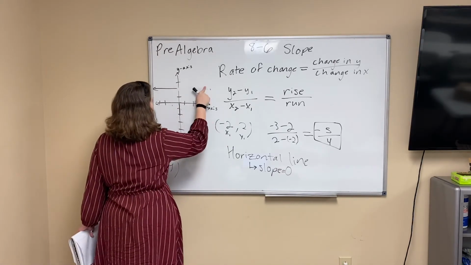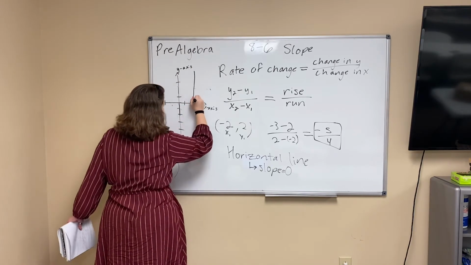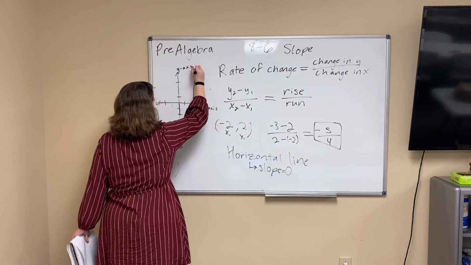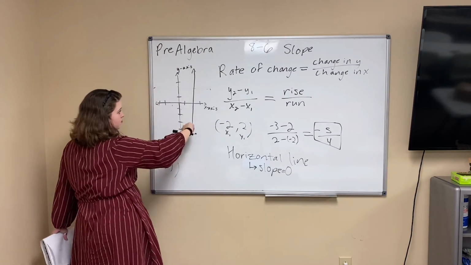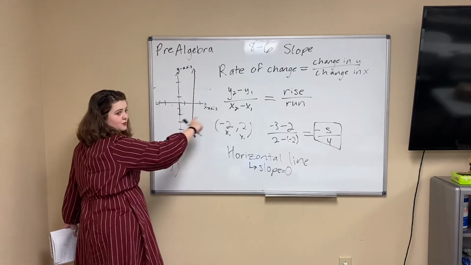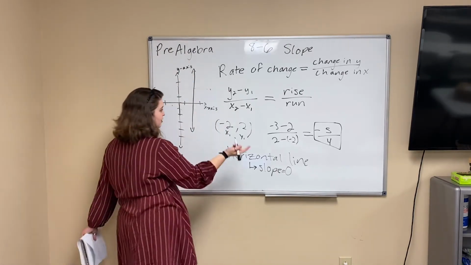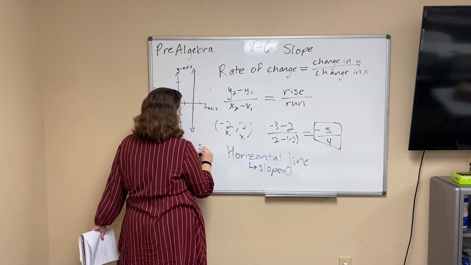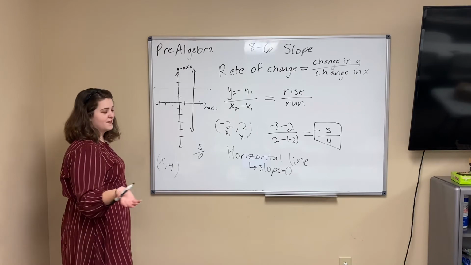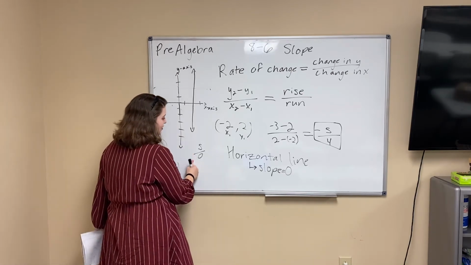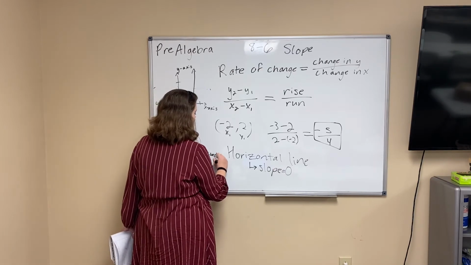What if I had a vertical line? So our rise is changing a lot, but there's no run, right? We're not changing sideways. So this is going to be a number over 0. We can't have 0 in the denominator, right? So what we're going to call this, anything that has 0 in the denominator, is undefined.